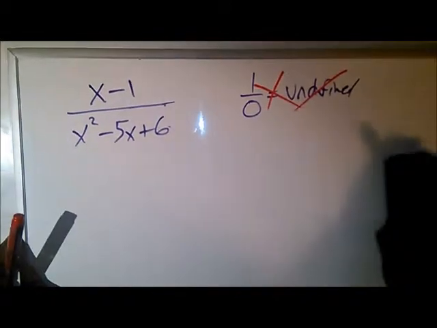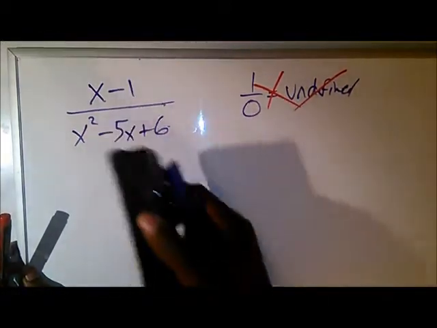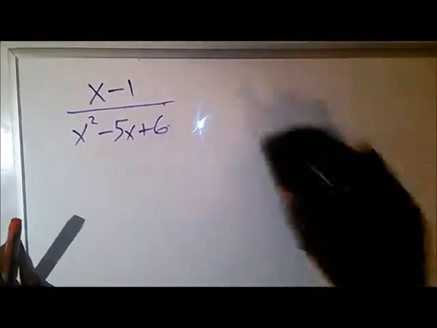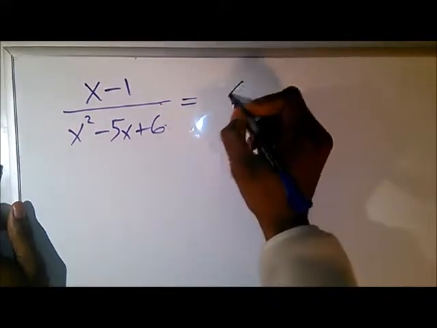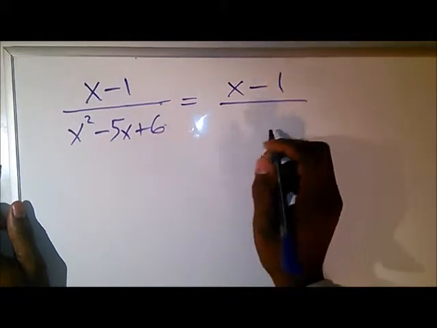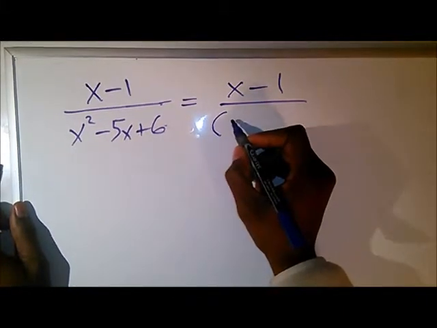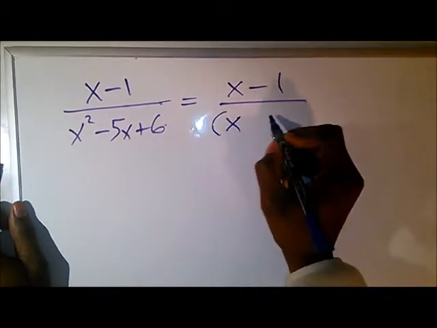The next thing you want to know is if there's a square root in the denominator or numerator, and there's not. So could there be division by 0? We have to find out, so we have to factor the denominator. If we factor this, it will look like this.